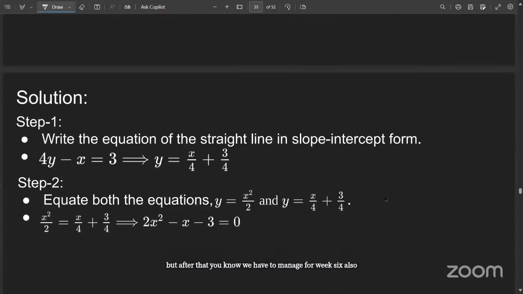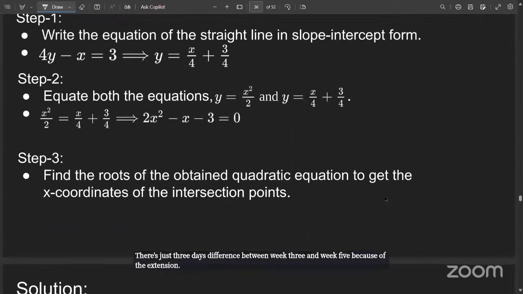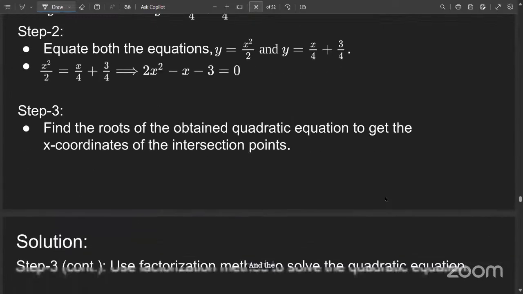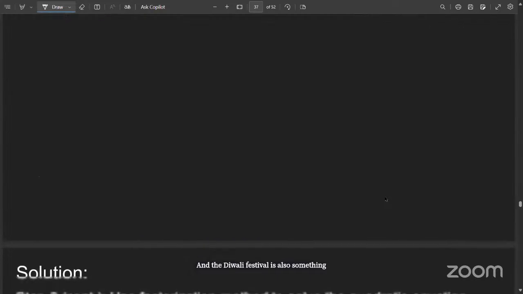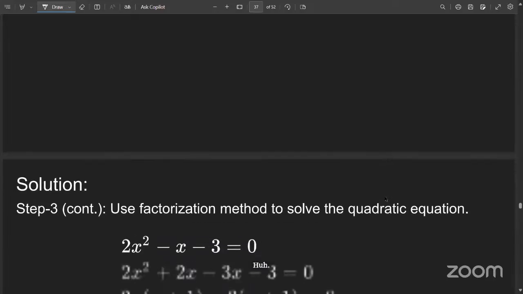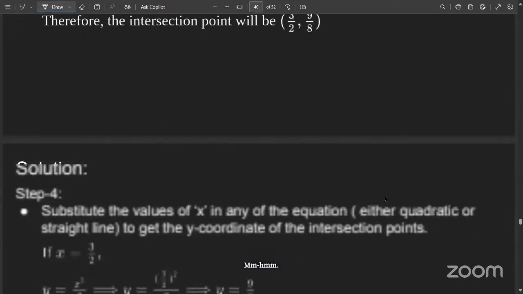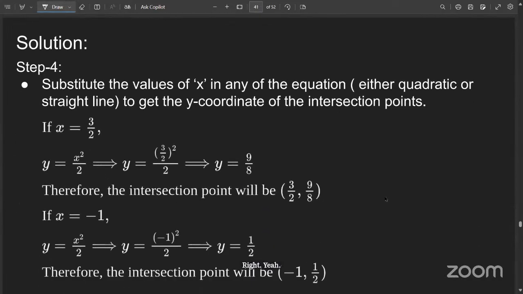There is just three days difference between week 3 and week 5 because of the extension, and the Diwali festivals also. So time management is quite tough because the festival season is here and our qualifier exam also is here.